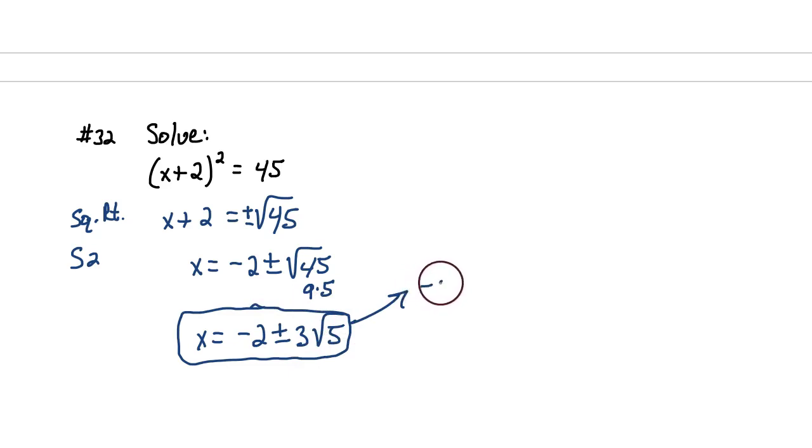One of them will be negative 2 plus 3 square root of 5, and the other answer will be whatever negative 2 minus 3 square root of 5 makes. Depending upon what kind of problem this is, you might have to actually type them both in a calculator and get 2 different decimals as your answer. The directions aren't clear here, so I'm going to leave my answer like this one here in the box.